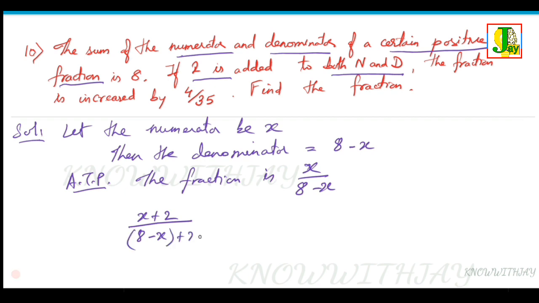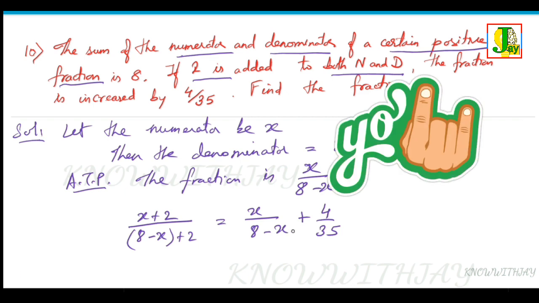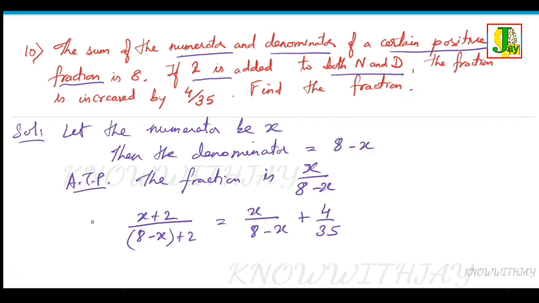So we are adding 2 to both, then the fraction is increased by 4 by 35, whatever the fraction was. Now congratulations, you have formed the expression from the given conditions.